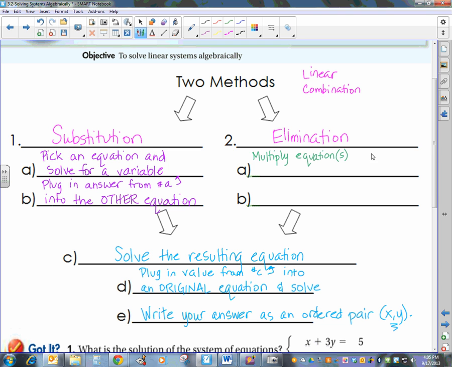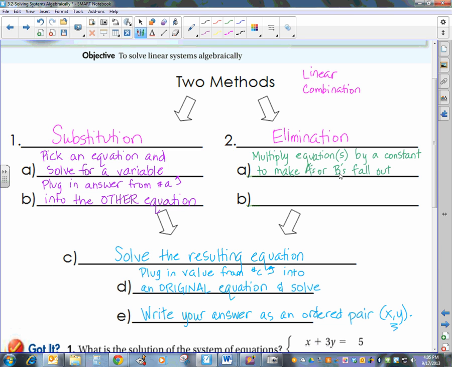Multiply an equation by a constant to make the A's or the B's fall out, in essence, to eliminate them.